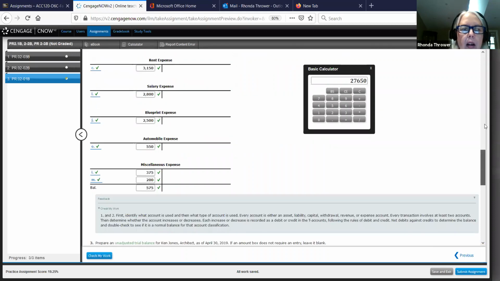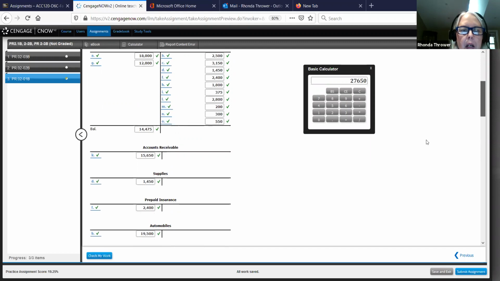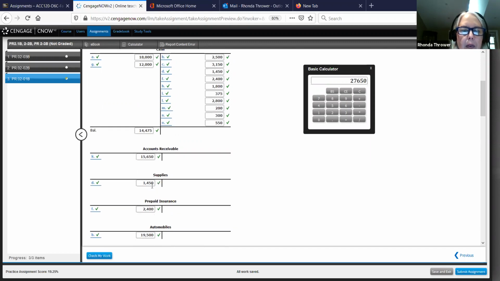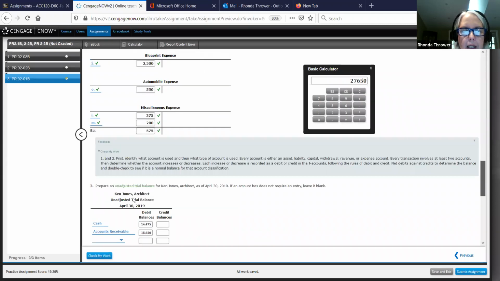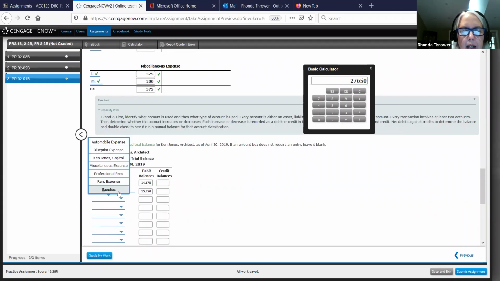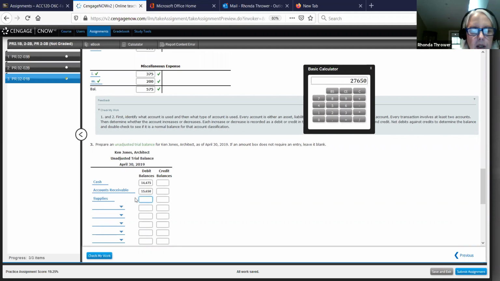So the next account that shows up is supplies. Supplies has a debit balance because it's an asset account. It increases on the debit side and its balance amount is $1,450. So supplies would go next at $1,450.